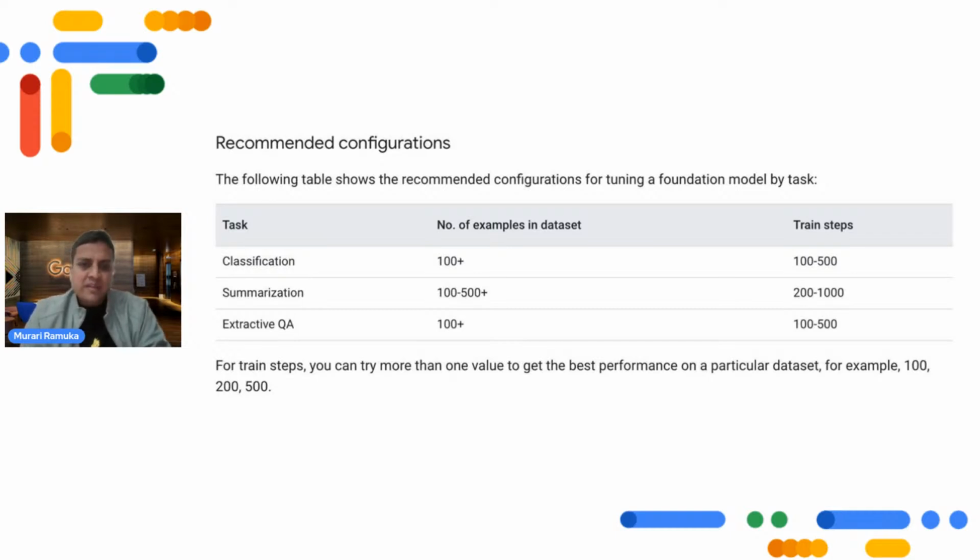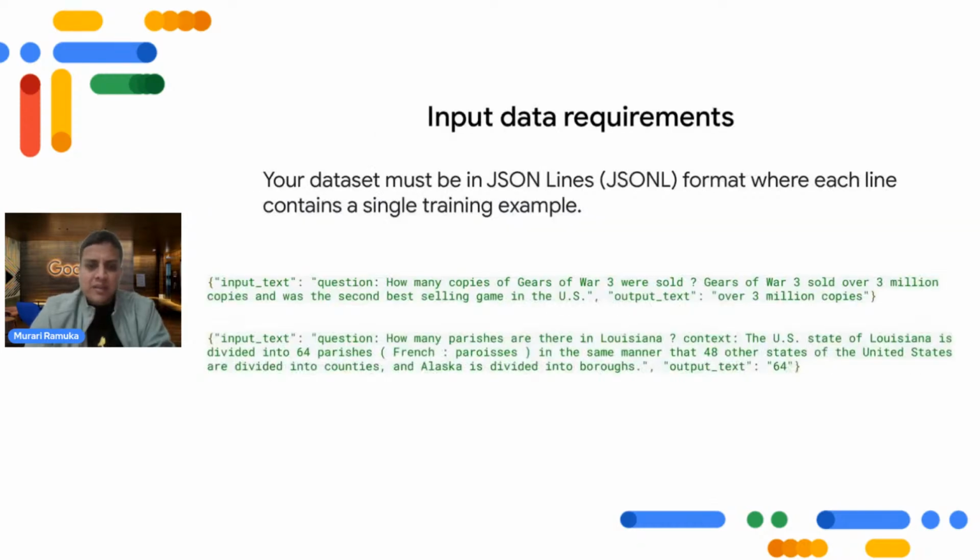Similarly, for summarization, if you want to fine tune the foundational model for a summarization use case, the number of examples in the data set could be somewhere between 100 and 500, and the training steps could be 200 to 1000, right? And then finally for extractive Q&A, again you need 100 plus examples, and this is again just a recommendation based on the guidance which we have, right?